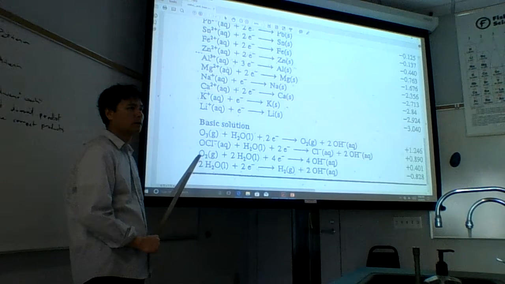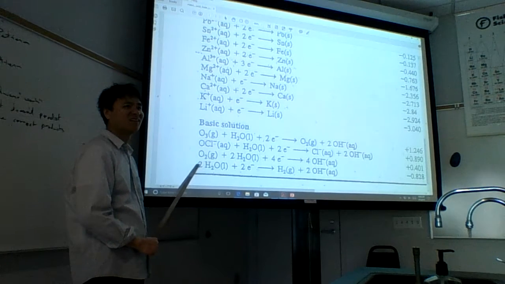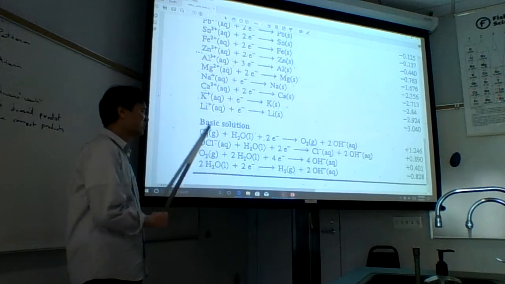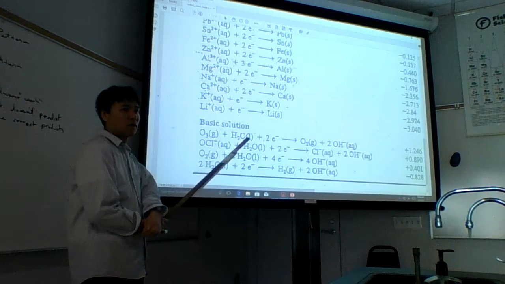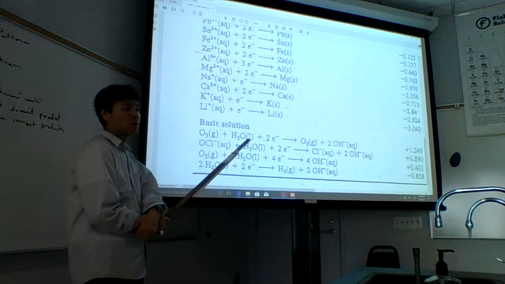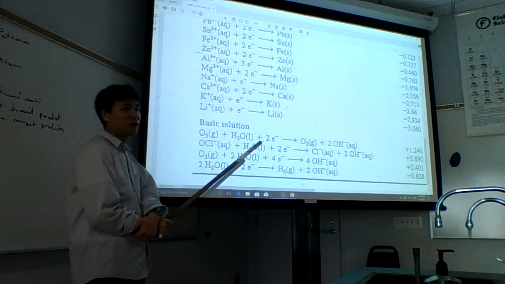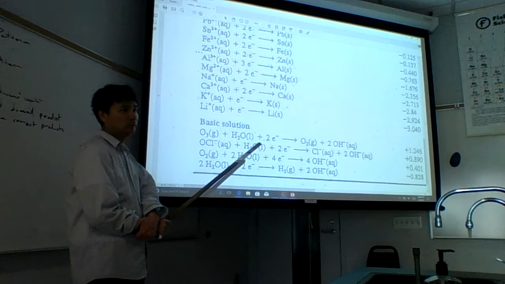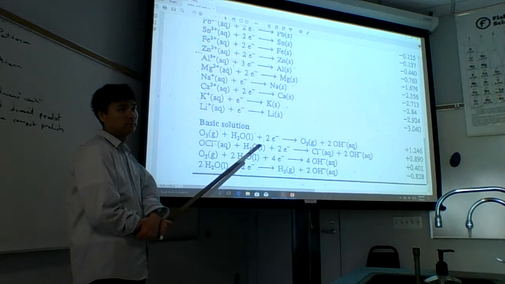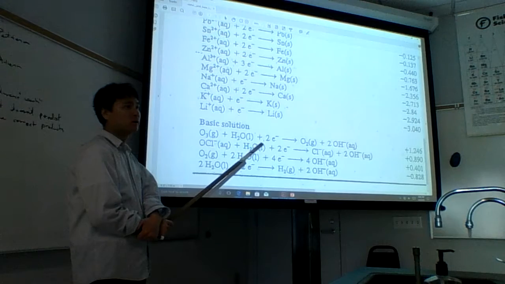It's not at the bottom. It's because these are separated into two separate tables. Water is a stronger oxidizer than what, and a weaker oxidizer than what? Doesn't ring a bell at all.